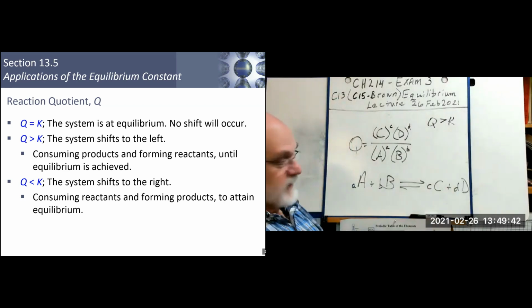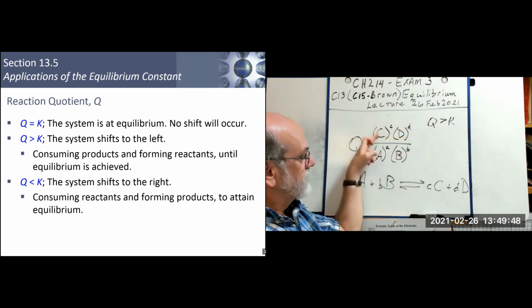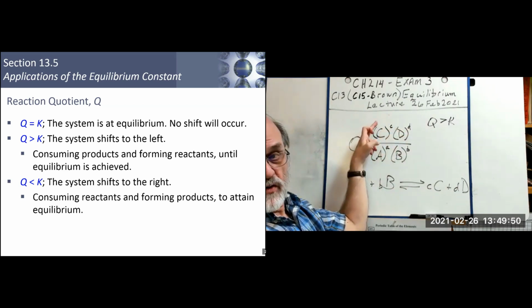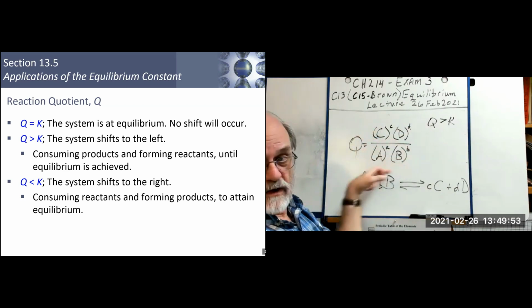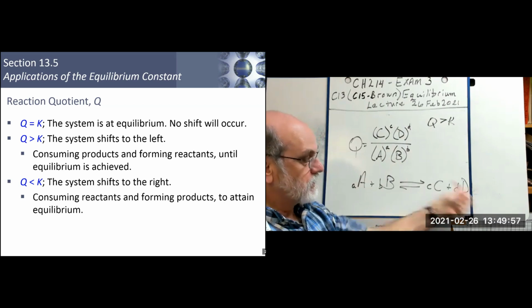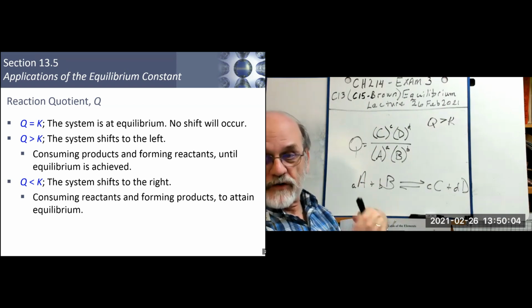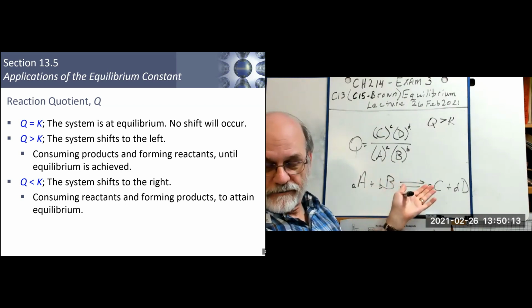Let me say that again. If this calculation is greater than K, that means that this value is too high and this value is too low. So which direction will the reaction proceed? Back toward reactants, from products to reactants. So the system will shift to the left, the way it's written here, consuming products to make more reactants until equilibrium is reached.